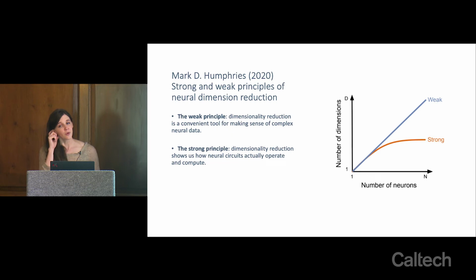The other way that you see dimensionality reduction methods used in neuroscience is this strong principle that neural activity does inherently lie on a low-dimensional subspace of the full-dimensional space. So the weak principle says, as you add in more and more neurons, your dimensionality is going to keep increasing because there's more and more signal that you have to explain. In the strong principle, there's some underlying inherent dimensionality of the neural activity.